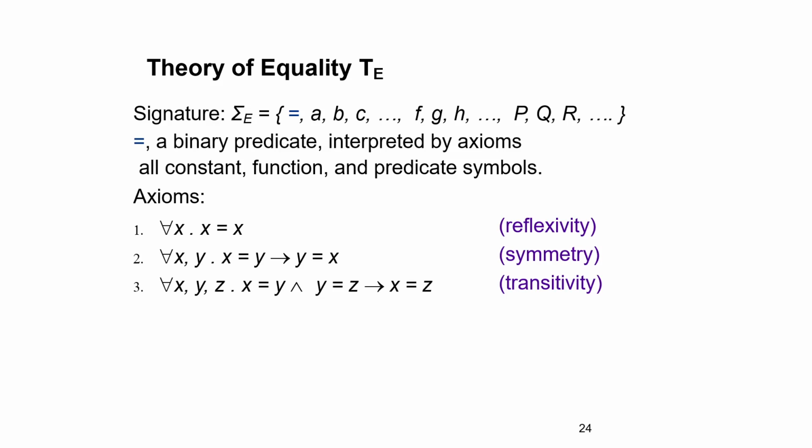Then transitivity, so if we have x equals y and y equals z, then also x must be equal to z. So if the first is equal to the second, and the second is the same as the third, then the first and the third also must be the same. Otherwise, there's something wrong with equality, right? Any property missing?